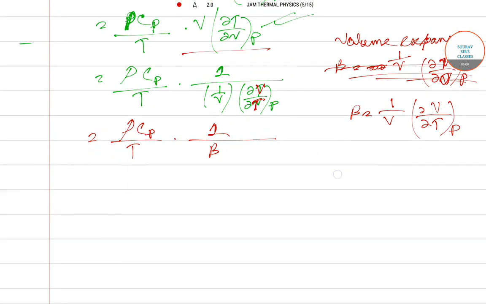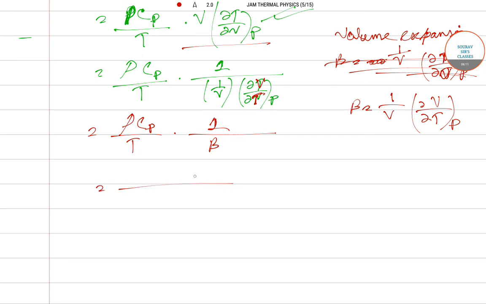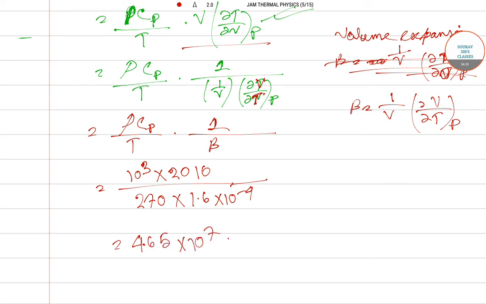We know the value of density is 10 cube, the value of Cp is 2010, the value of T is 270 and the value of beta is 1.6 into 10 to the power minus 4. This equals 4.65 into 10 to the power 7 Pascal per Kelvin.